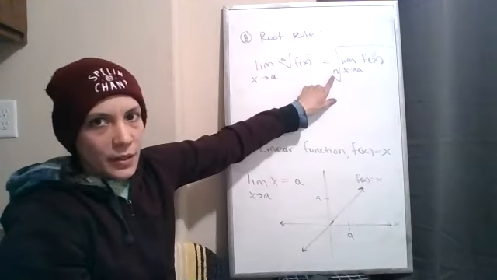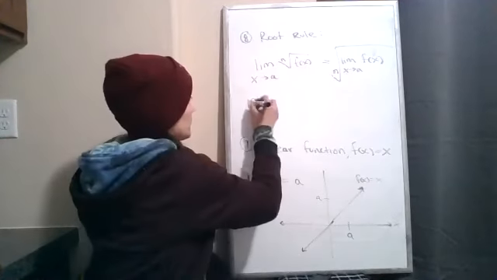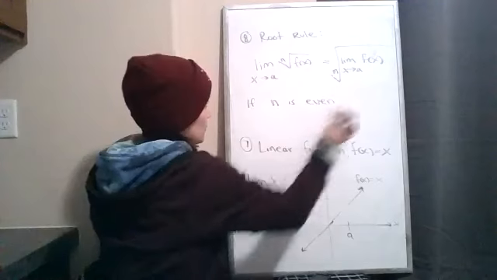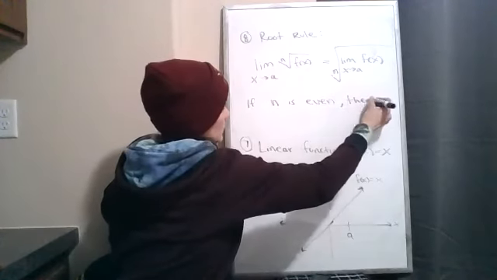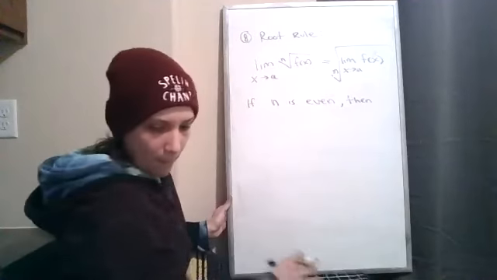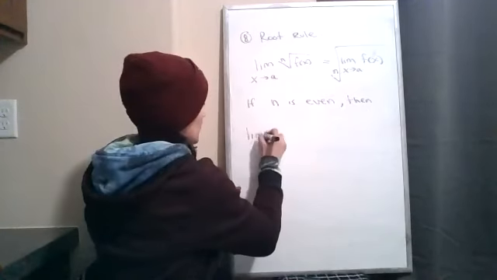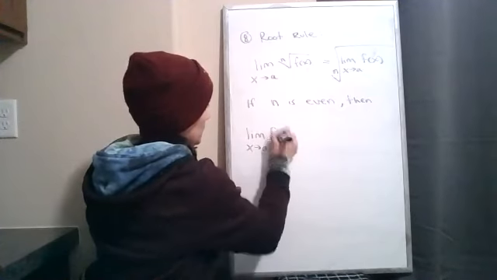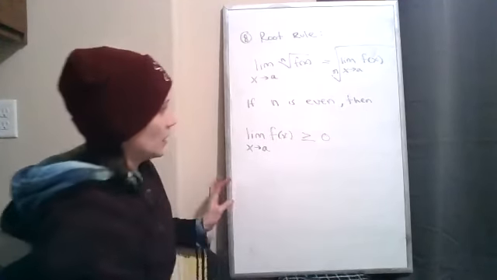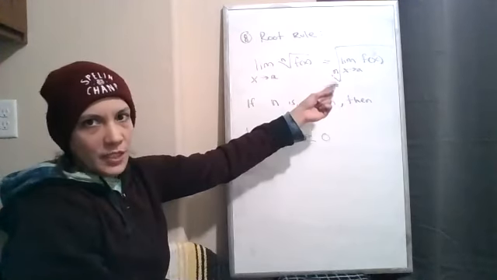So if n is an even number, we need this limit to be greater than or equal to 0. If the limit as x goes to a equals 0, then you're taking the nth root of 0, which is 0.